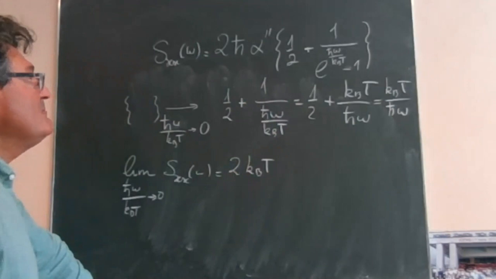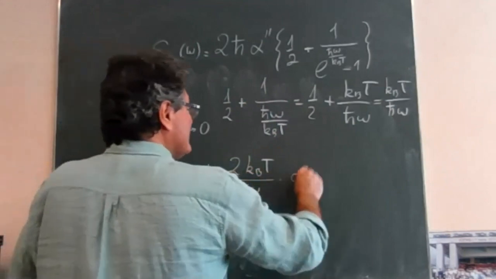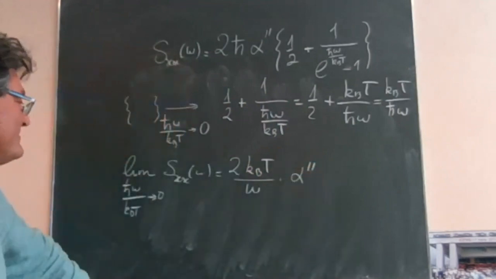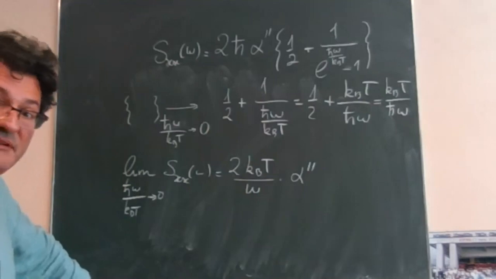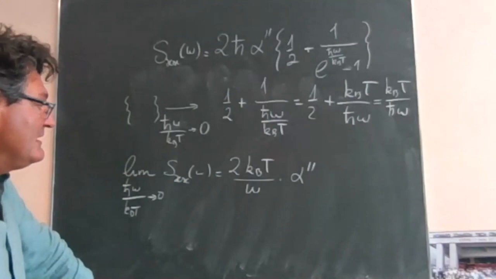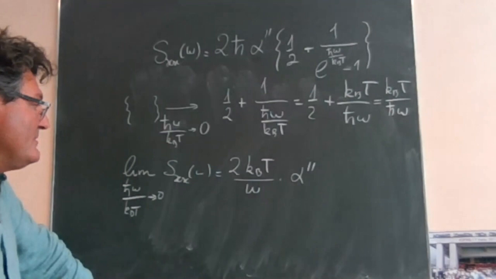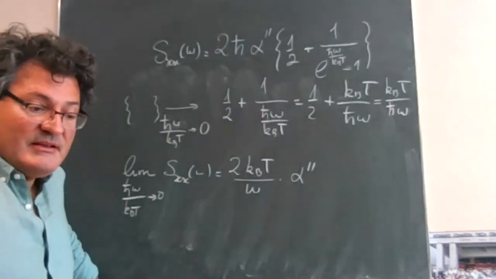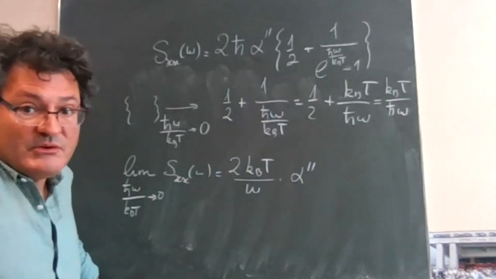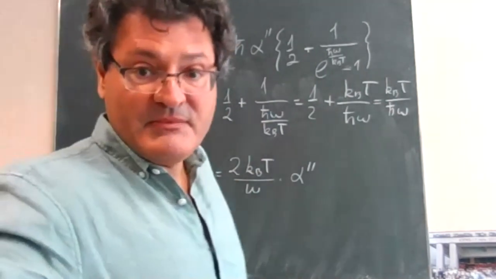So this is 2 kBT divided by omega times alpha second. So this is the classical limit of the fluctuation dissipation theorem. And so this is the expression that we are going to use when we want to calculate the thermal noise in our detector.